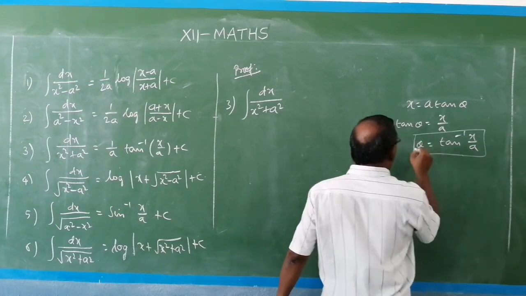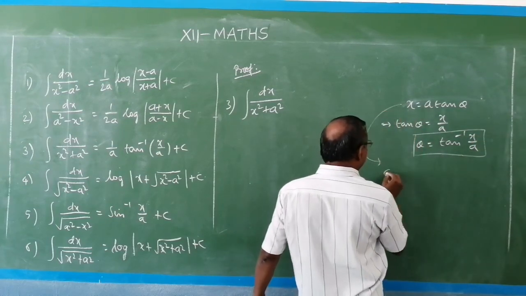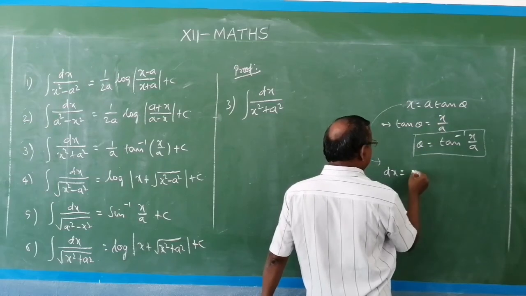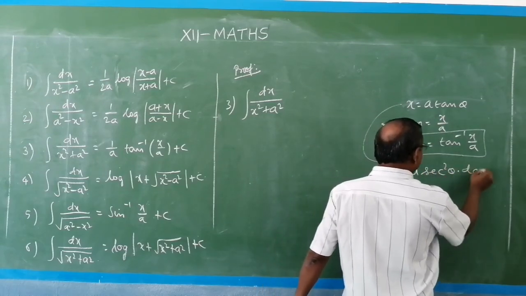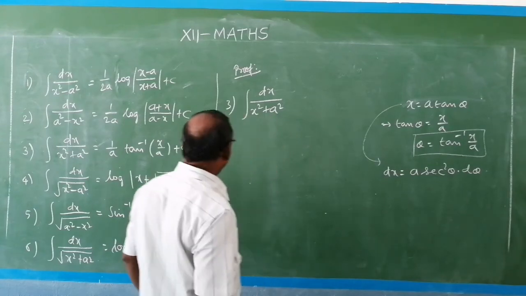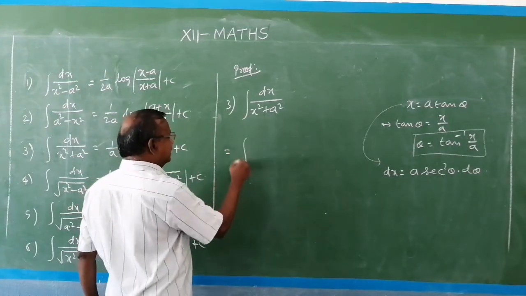And differentiating this function, we have dx equal to a into secant square theta into d theta. Now substituting this, we have integral.